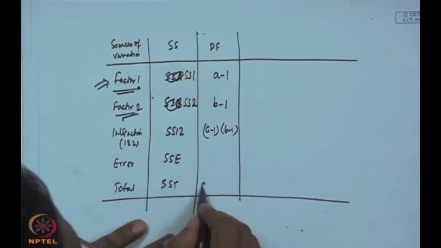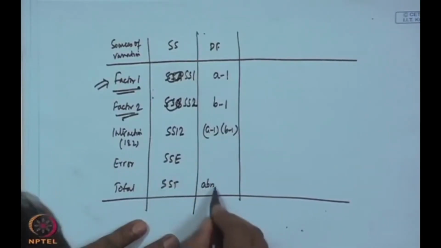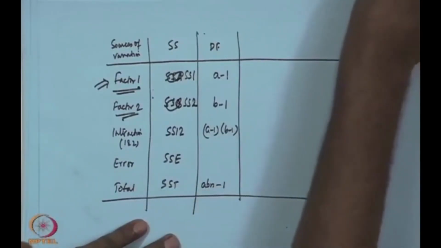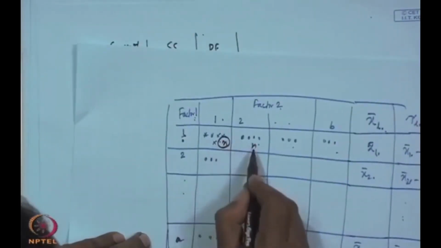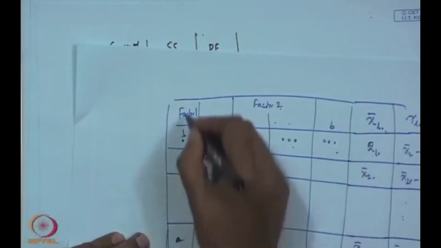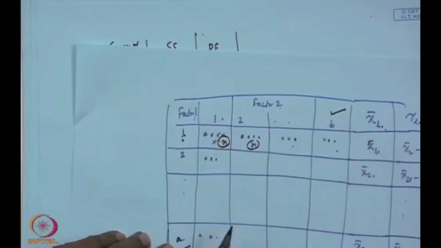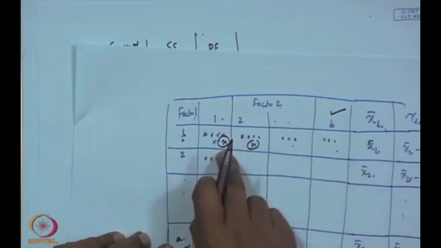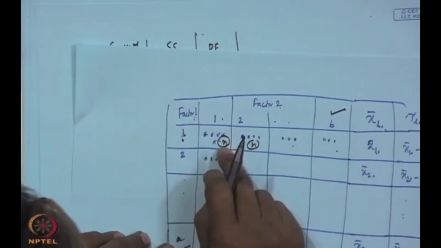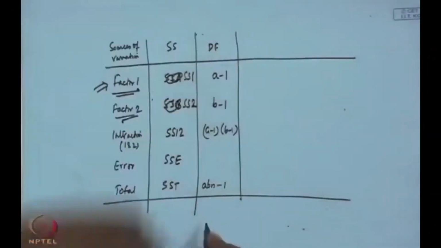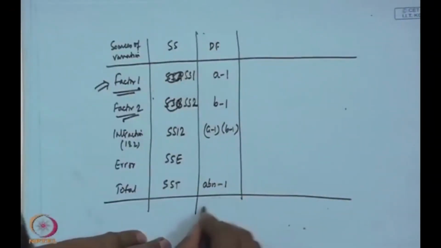What is the total number of observations? ABn minus 1, because if we consider that you are collecting n observations everywhere, there are A levels for factor 1, B levels for factor 2, there are AB cells, and in each cell there are n observations. So, ABn. That is our capital N. Capital N is ABn.